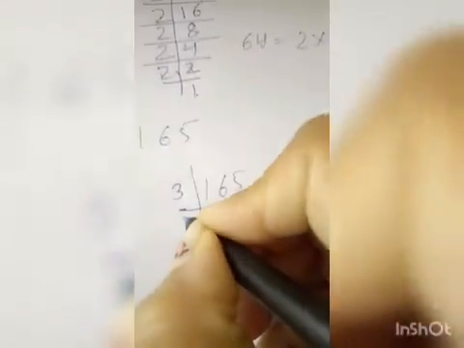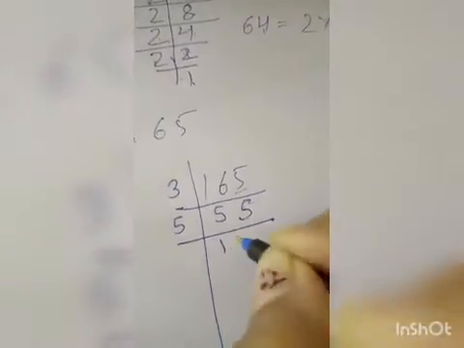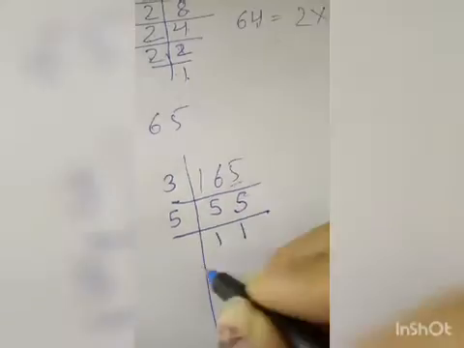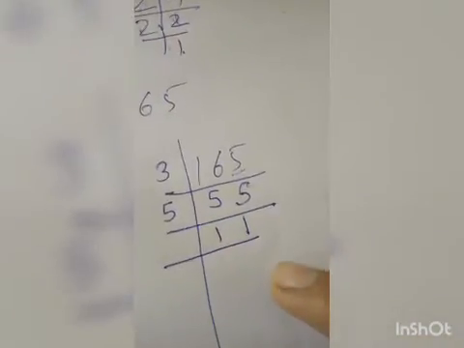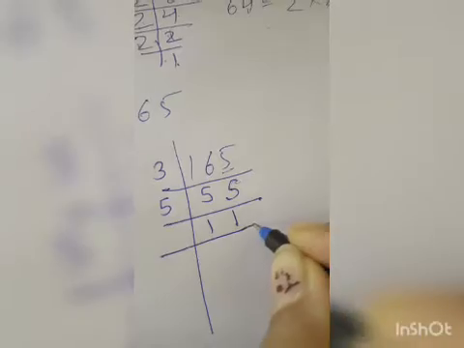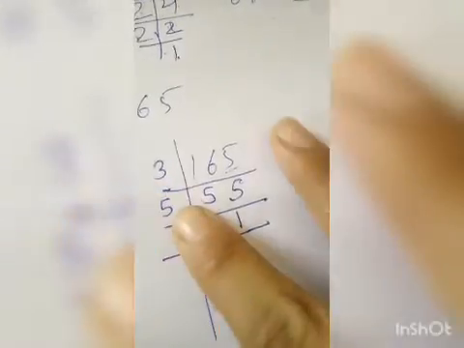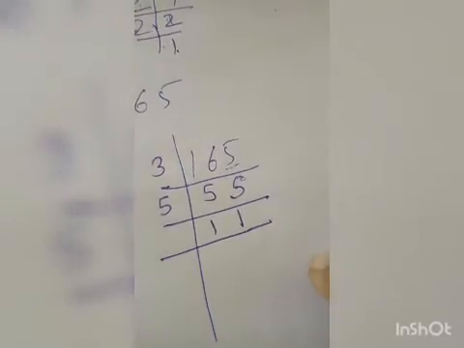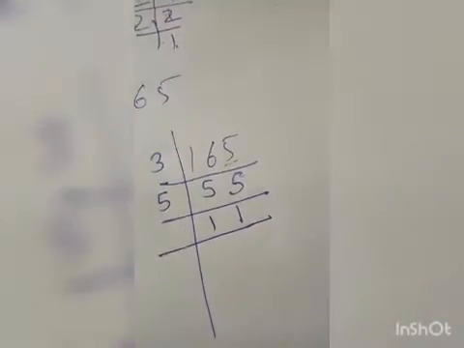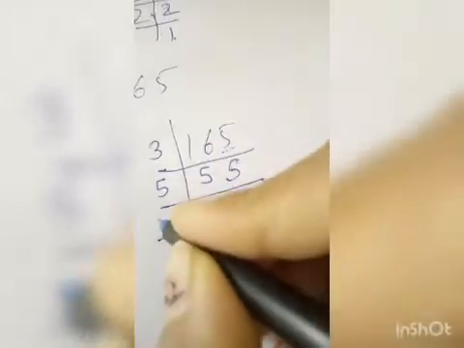Okay, so 5 1s are 5, 5 1s are 5. Now 11, as we know that 11 is a prime number, it has two factors, 1 and itself, meaning it does not come in other tables. So we will take 11, 11 1s are 11.